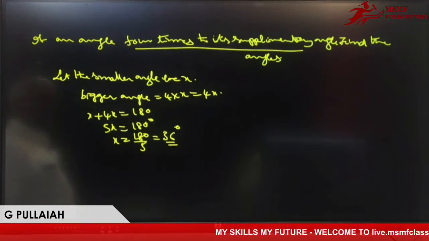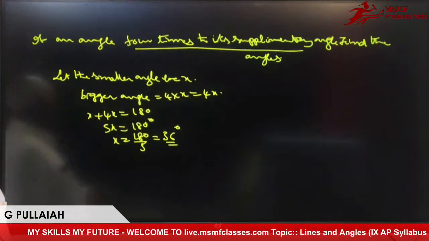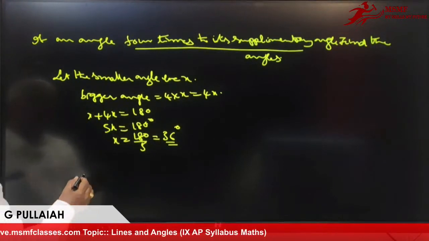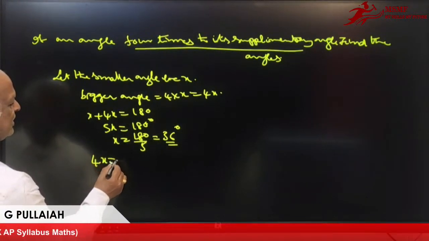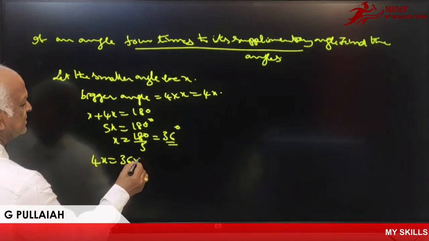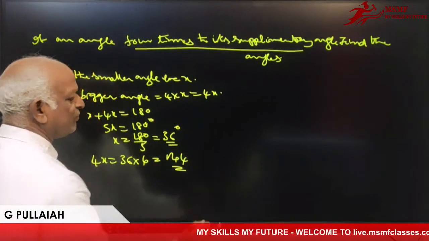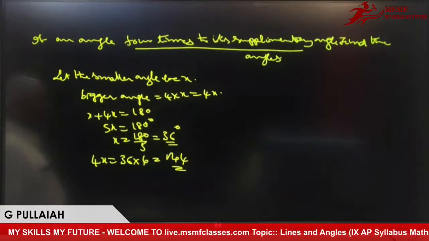Now find the angles. We got one angle. And what is the other angle? The bigger angle is 4x, nothing but 36 into 4, 144 degrees. Clear?